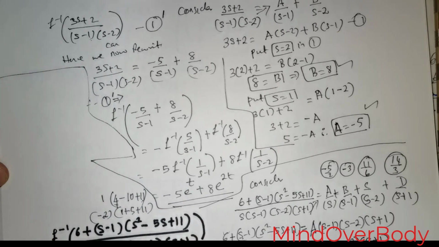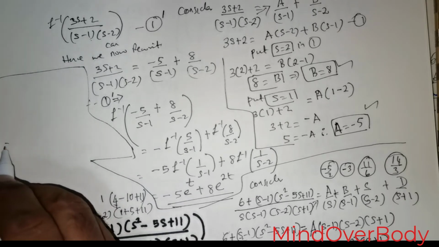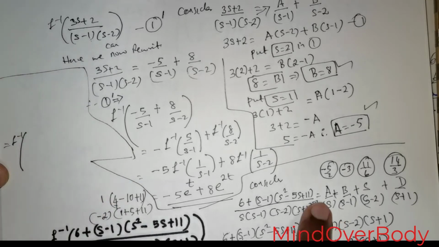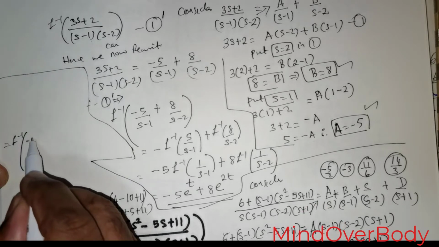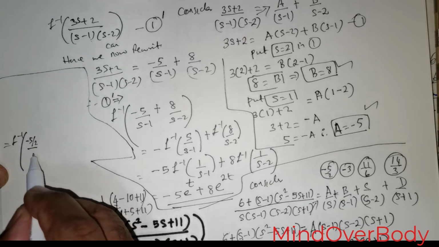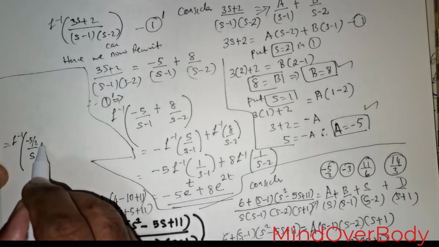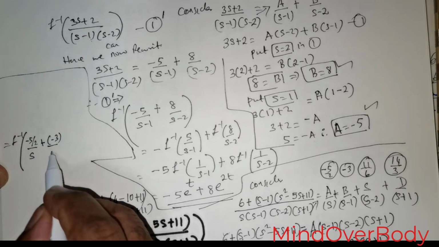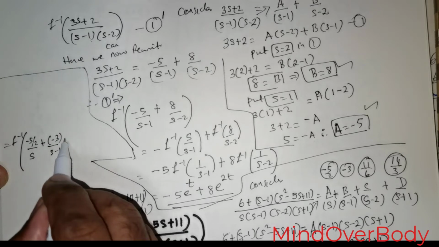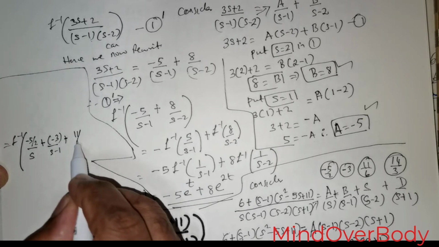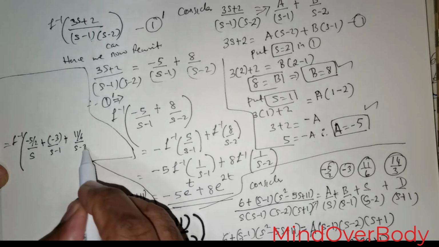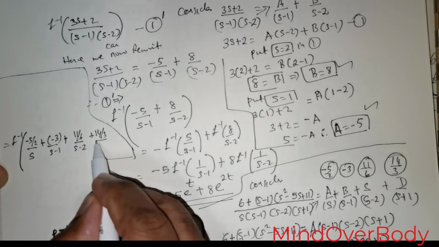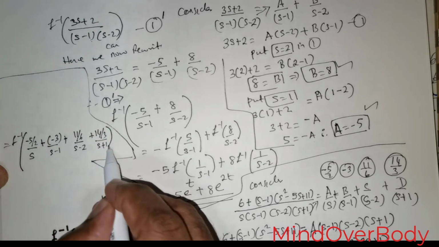So this entire thing will be equal to L inverse of -5 over 2 divided by S, followed by positive of -3 over S -1, followed by 11 over 6 divided by S -2, followed by 14 over 3 divided by S +1.